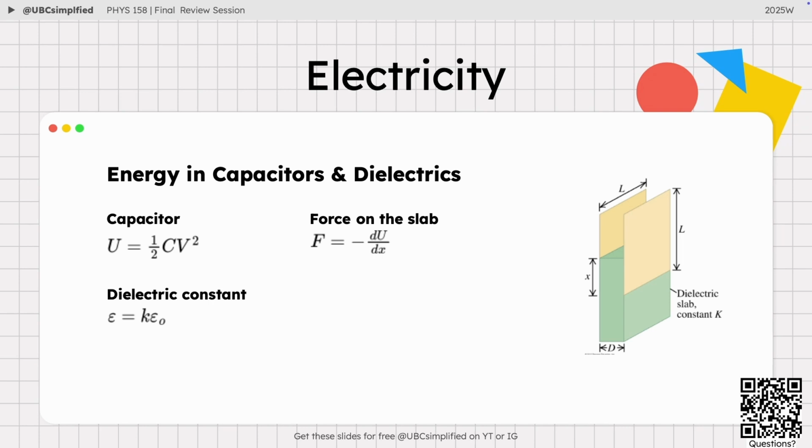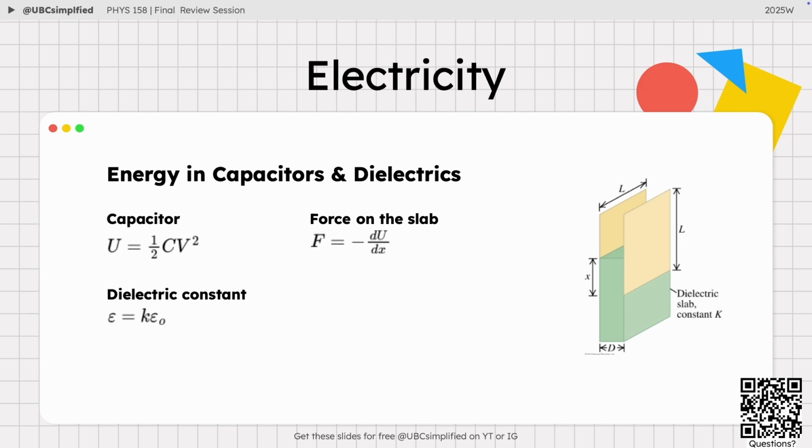When you put a dielectric into a capacitor, you're changing the electric permittivity of the space in between the plates. Epsilon naught is a constant which represents how hard it is to make an electric field in that medium. And when you put something in there, you change how hard it is. So you change epsilon by a factor of K, and K is some empirical constant they'll always give you.